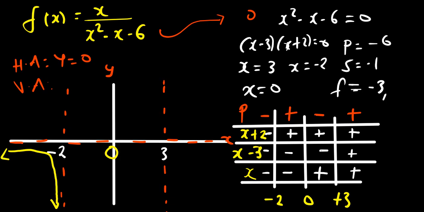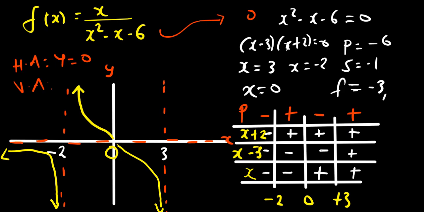So because it's a positive, it will approach this asymptote like that. Then the range between 0 and 3, what did we find? We found that it was a negative, so it will come like that, approaching the asymptote like that.